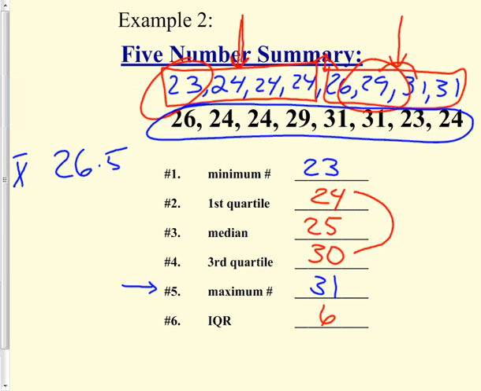If our average was 26.5, do you get that this one is a little ways away from the average? It's not exactly equal to the average. Do you get that 29 is actually a fair ways away from the average? 31 is the farthest away from the average.